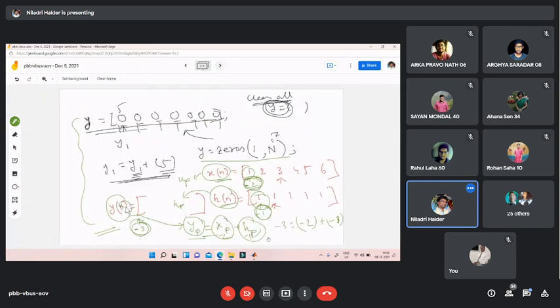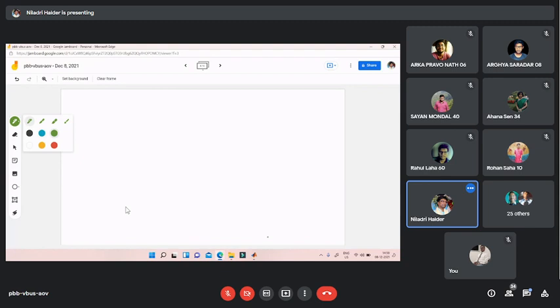Now what is happening for linear convolution? Summation n equal to minus infinity to infinity xk h n minus k, y k equal to. So for k equal to 0, you will get y 0.